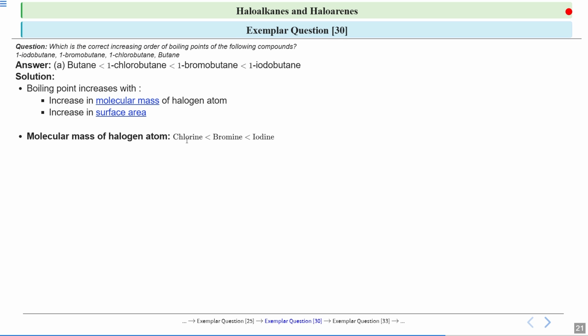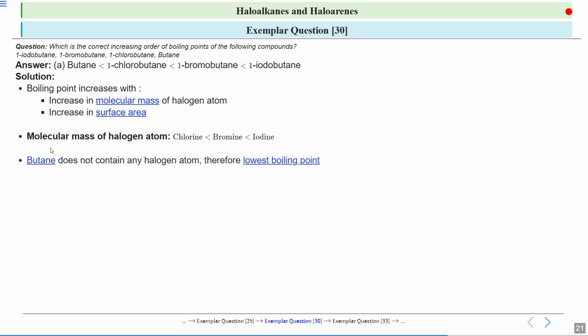We are only considering chlorine, bromine, and iodine, because only these halogens are present in our given compounds: iodobutane, bromobutane, and chlorobutane, right? So if you compare their atomic mass, the highest is for iodine and the least is for chlorine.